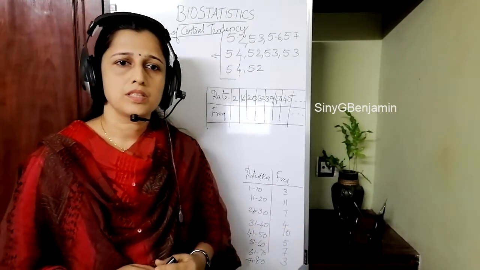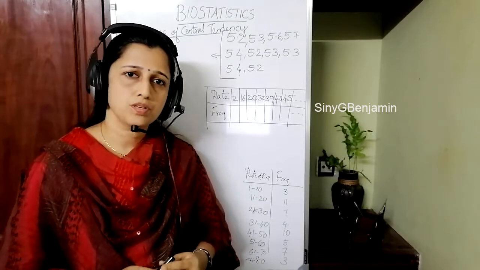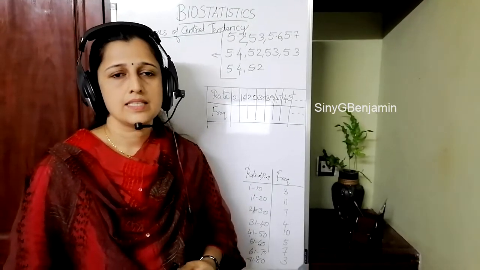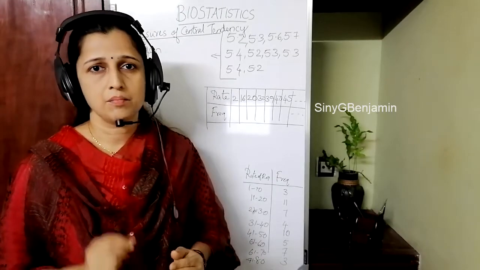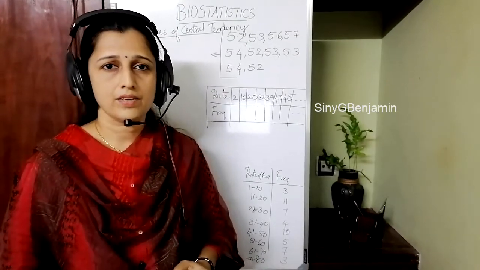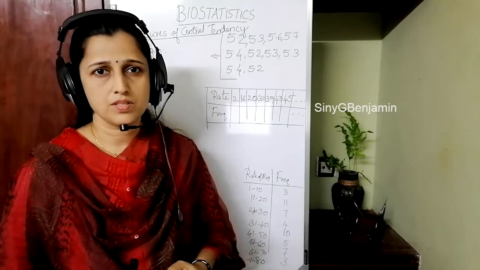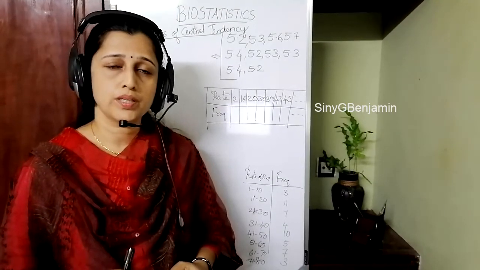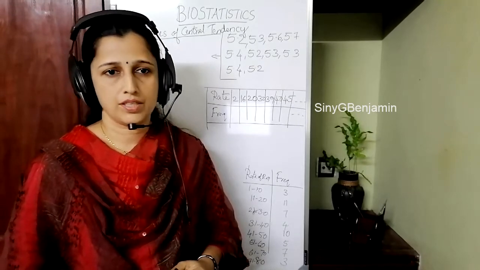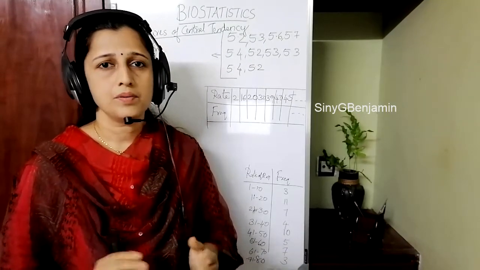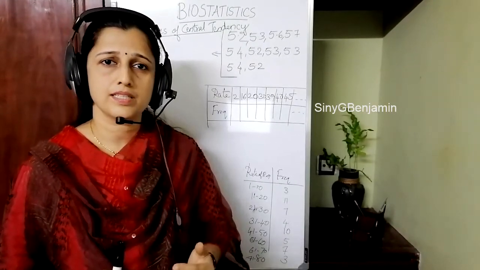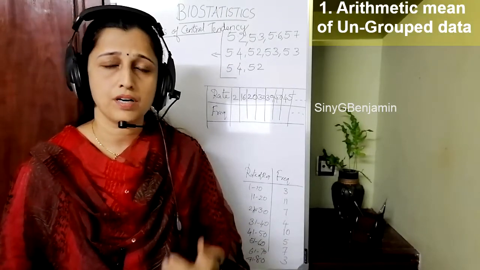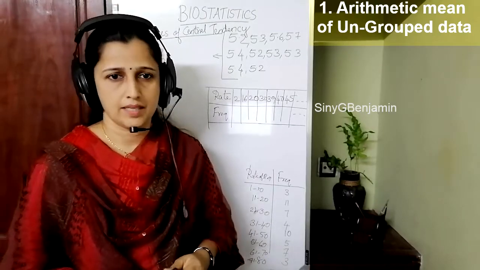Simple arithmetic mean is commonly used to find the arithmetic average, and it is a value which we get by dividing the aggregate of various items of the same series by the total number of observations. First we'll see how we find the simple arithmetic mean of ungrouped data.